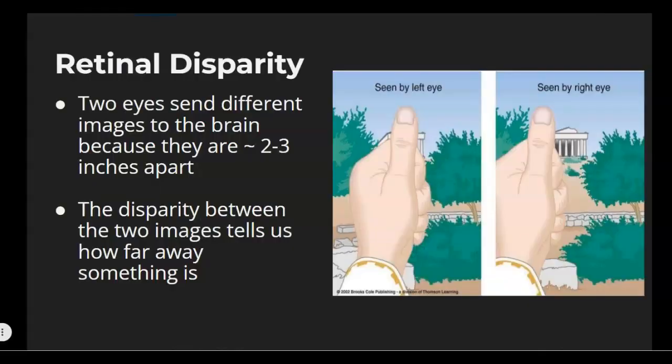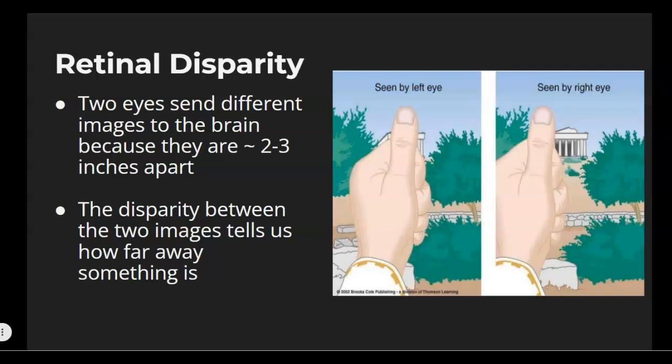Okay. Now, retinal disparity is different in that you see different images because you have 2 different eyes. One way to look at this yourself is to hold up your thumb and put your thumb over some object 5-10 feet from you in the distance. Then look at that object with one eye and then the other eye.